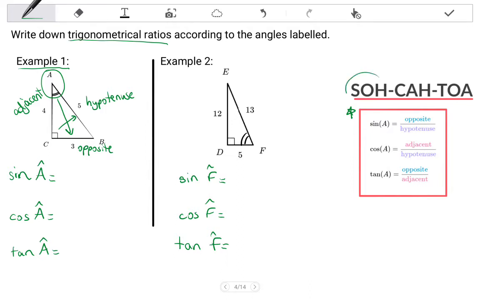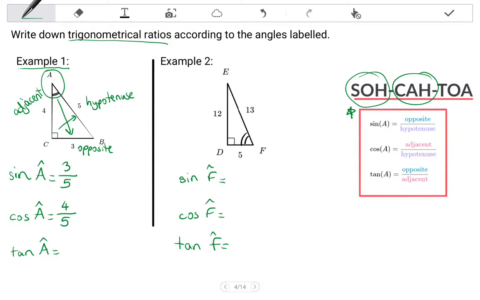You see SOH represents sine, which is opposite over hypotenuse, and the opposite side length is 3, the hypotenuse side length is 5, so 3 over 5 is the ratio of sine of A. Then cosine of A is adjacent over hypotenuse, and the adjacent side length is 4, hypotenuse is 5, so 4 over 5.